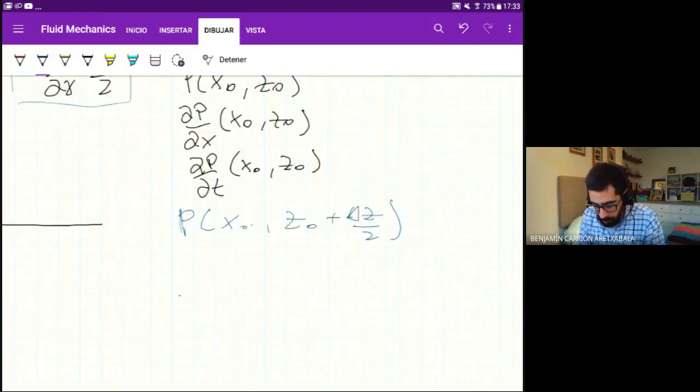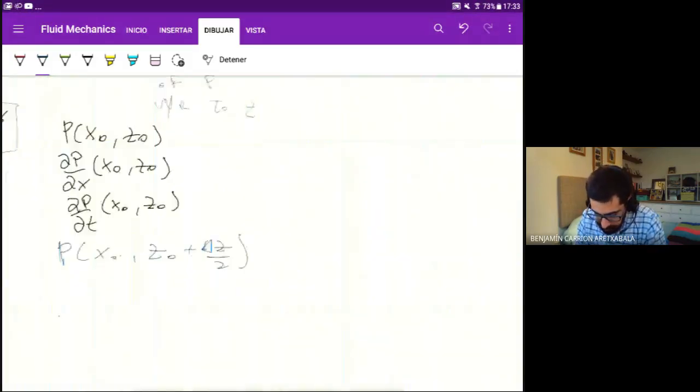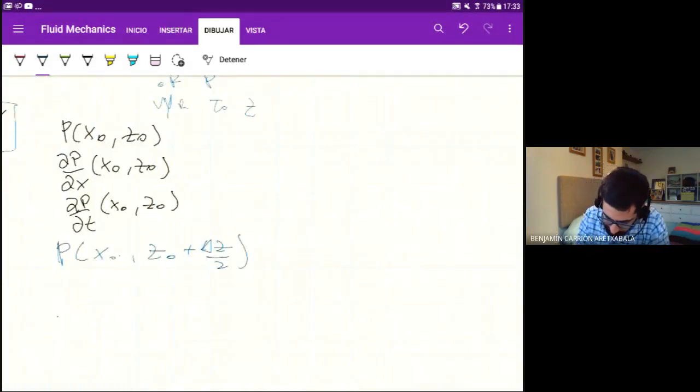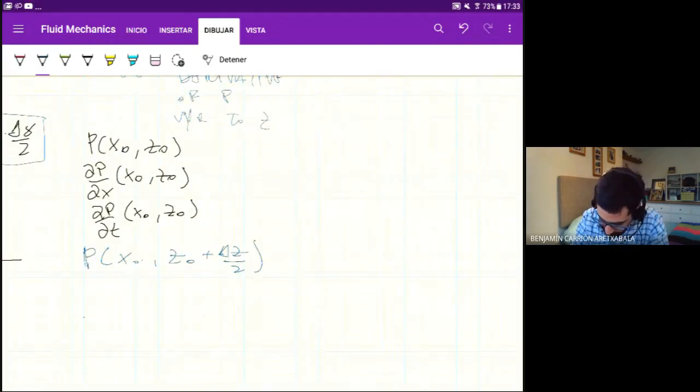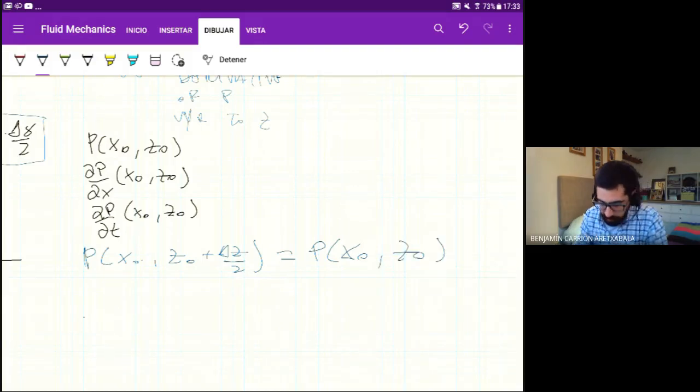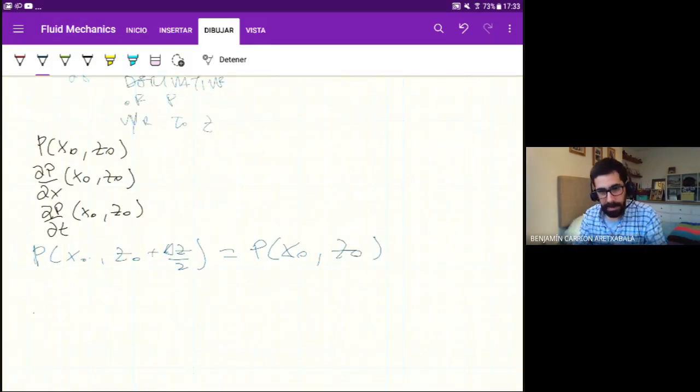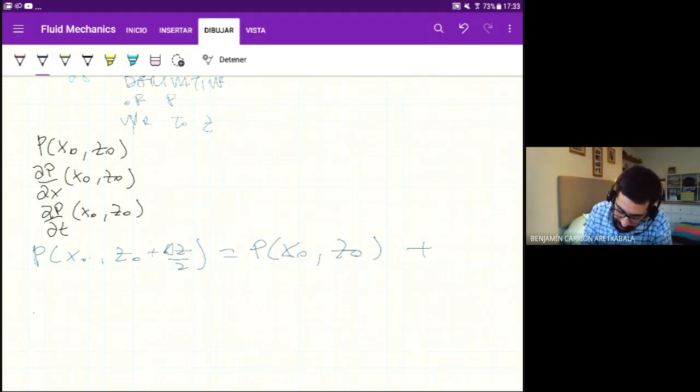And how do we approximate this? Well, this is going to be just P at x0 z0, so it's the pressure at the center, plus a term which is going to be the derivative of P with respect to z, also at x0 z0.